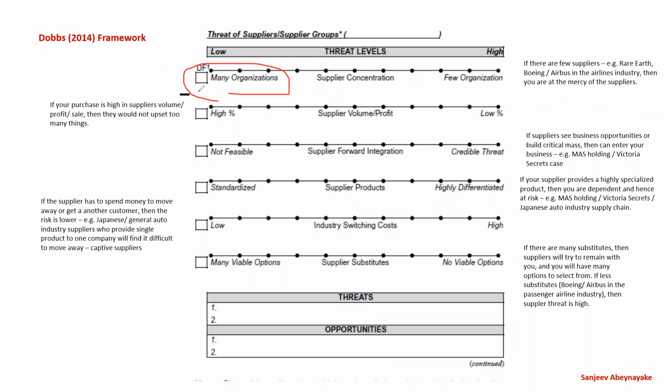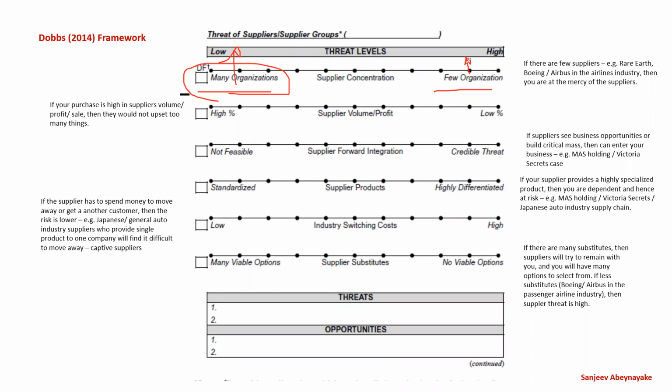But if there are only a few organizations, then the supplier power is very high. So if you are an airline company and you have to buy aircraft, then Airbus and Boeing, that's it. They have a huge amount of power. That is because supplier concentration is very high, right? Few organizations.